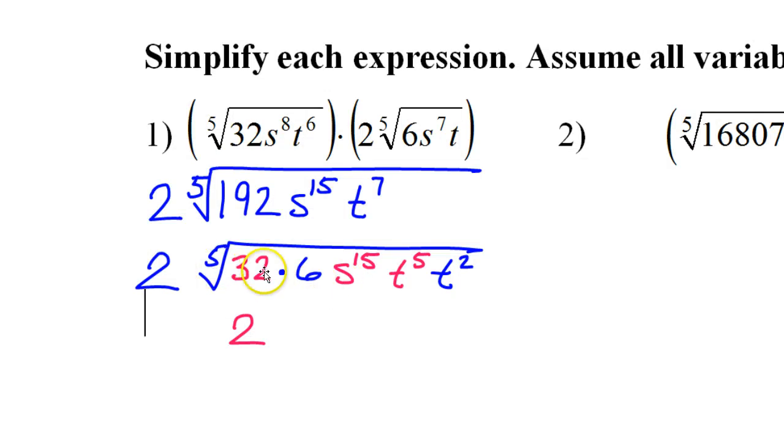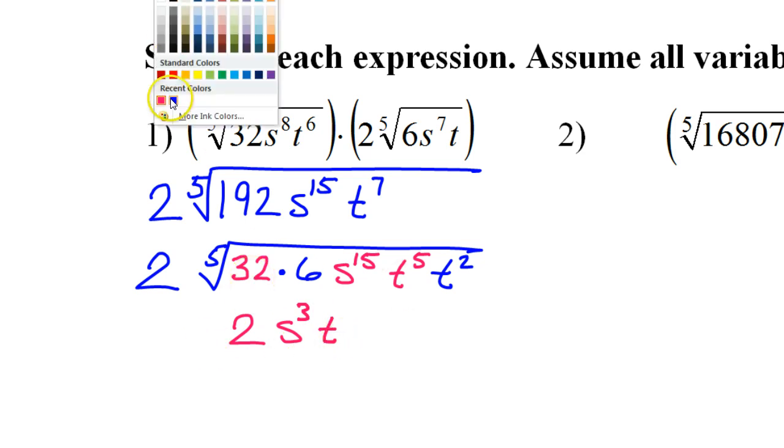Now the fifth root of s to the 15th power is going to be s to the 3rd power, because we divide 15 by 5. The fifth root of t to the 5th power is just going to be t, because 5 divided by 5 is 1, and we don't put the 1. So here are the three things in pink, and now they will be out in front of the radical.